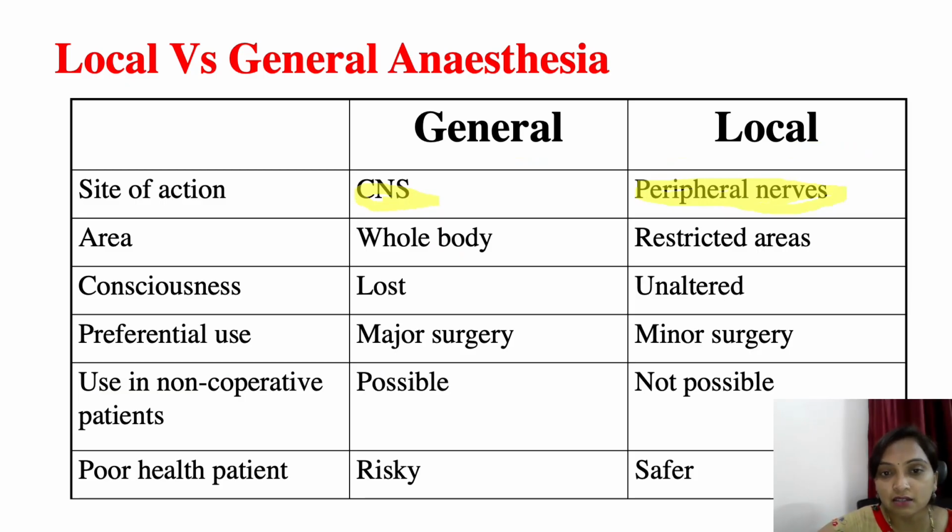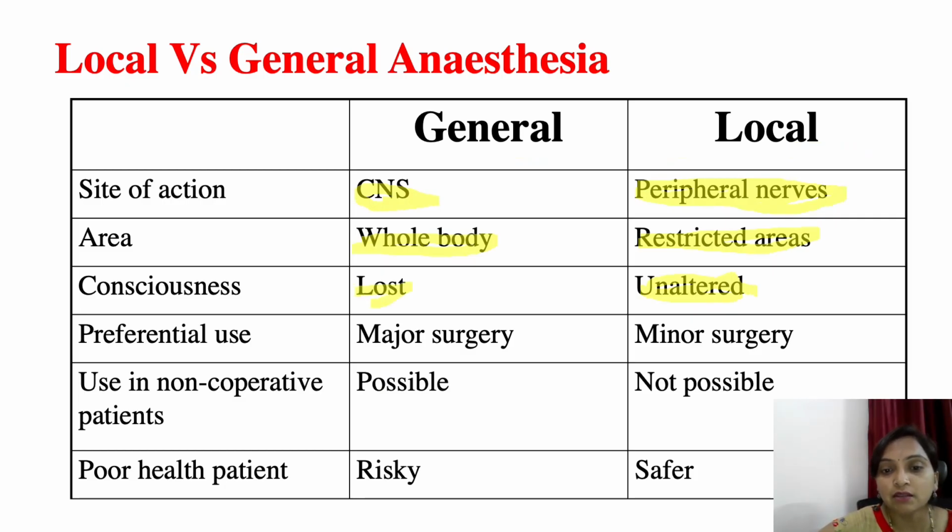In general anesthetics, the whole body is anesthetized. In local, a part of the body or the restricted area gets anesthetized. Consciousness is a very important one. In local anesthesia, there is no loss of consciousness, and in general anesthesia, there is loss of consciousness.